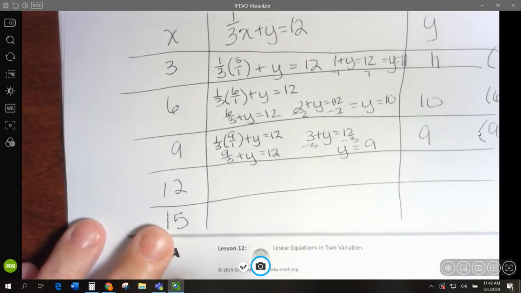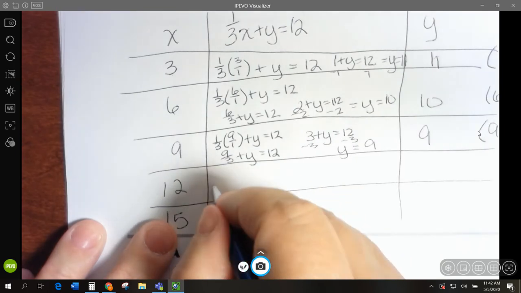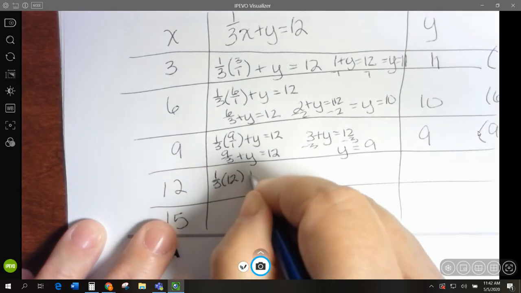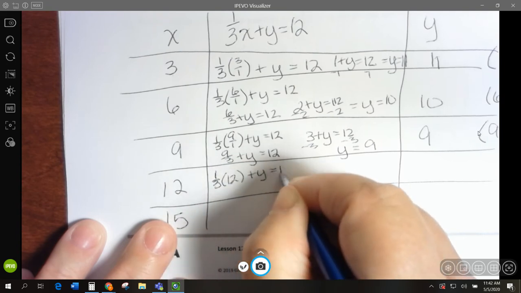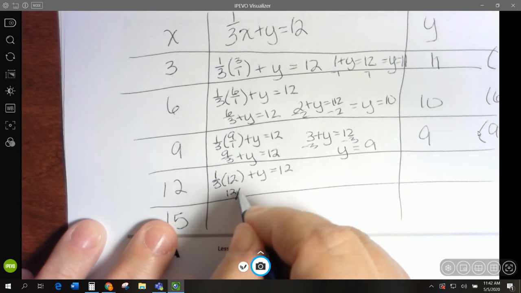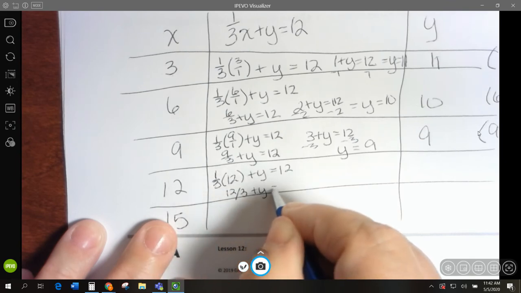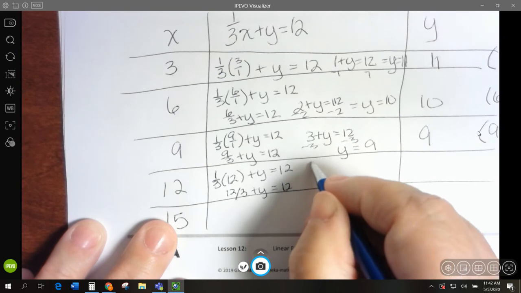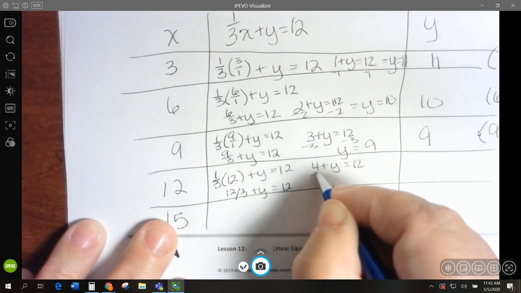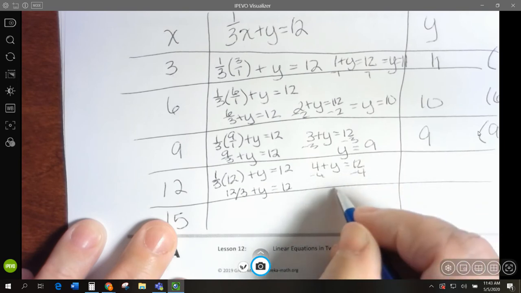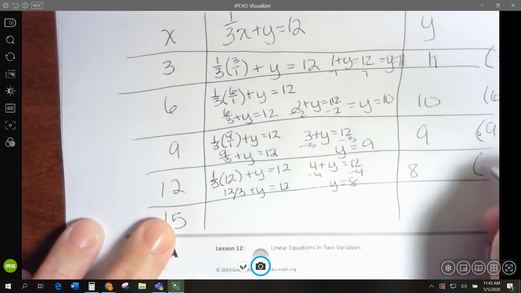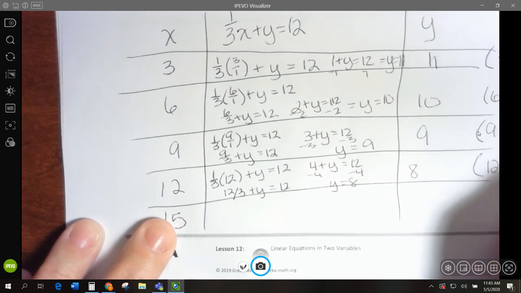Number 4, when we put 12 in, we're going to have 1/3 times 12 plus y equals 12. This is going to be 12 over 3 plus y equals 12. 12 divided by 3 is 4 plus y equals 12. Subtract 4 from both sides, and we get y equals 8. So here we're going to have 12, 8.